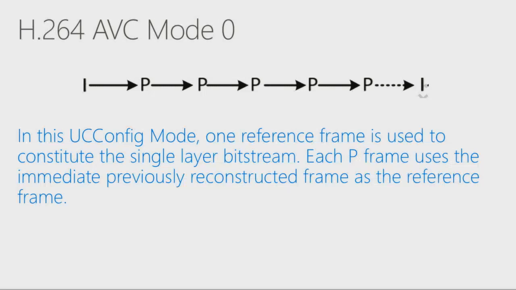It has all the big information, the first frame, and then the P is like a delta, right? If you have 30 frames per second, then every 1/30th of a second, it will put the delta in there so that you can add on top of the I-frame to render the screen for the changes. So this is mode 0. That's what most AVC codecs will support, right?